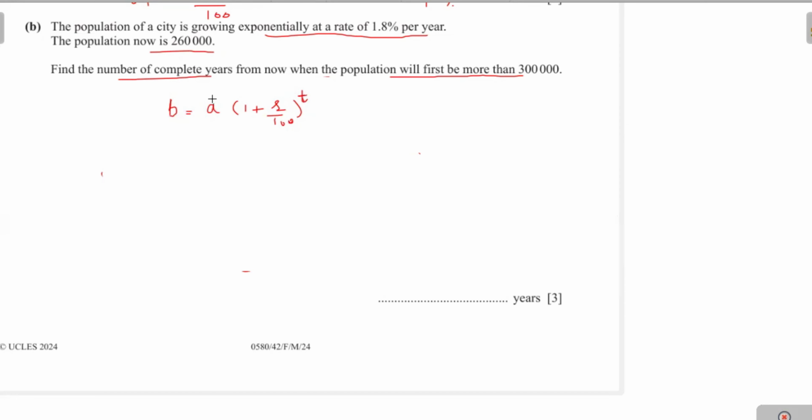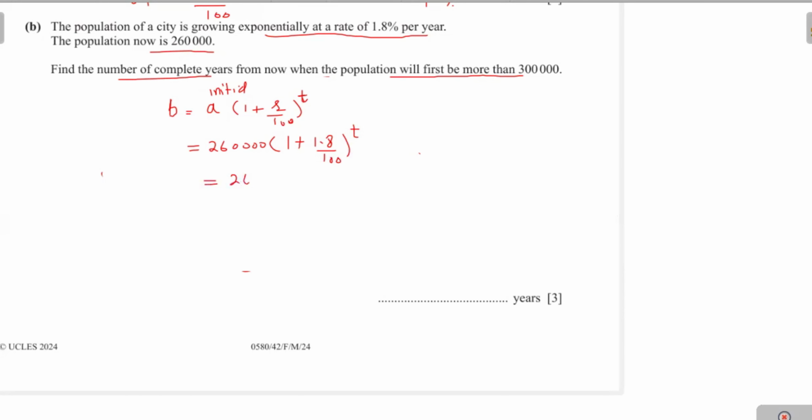Now this is the initial value, and you see here it is 260,000 into (1 plus R over 100), here R is 1.8. Time is not given here.